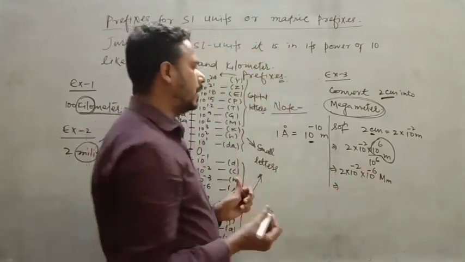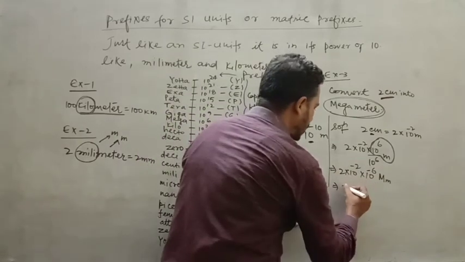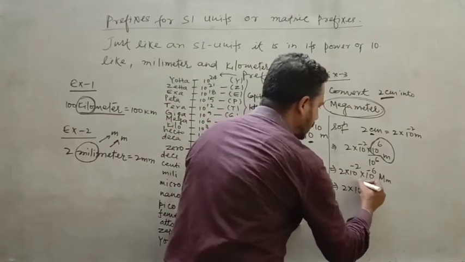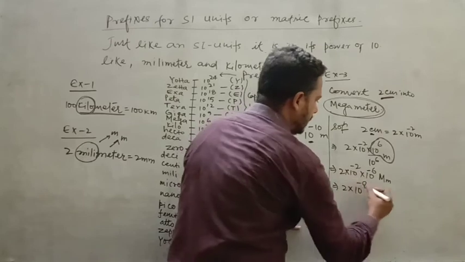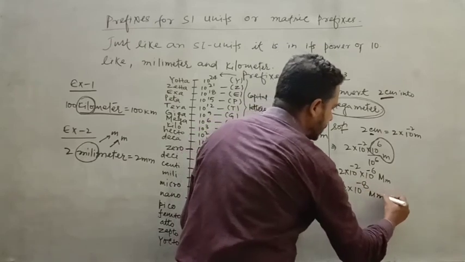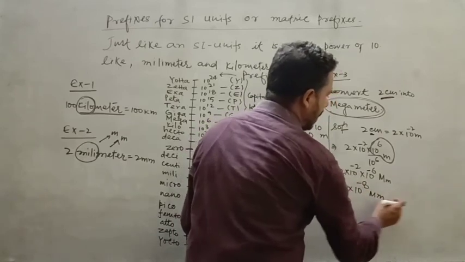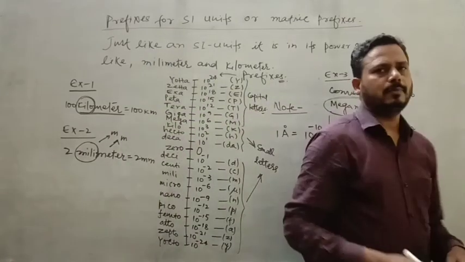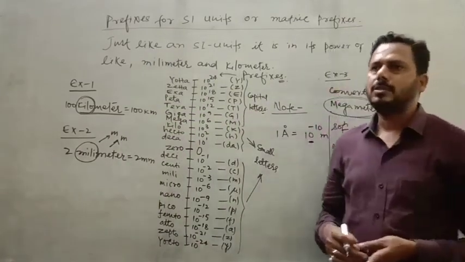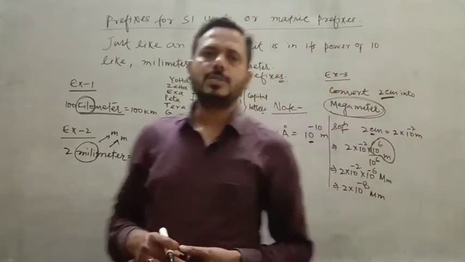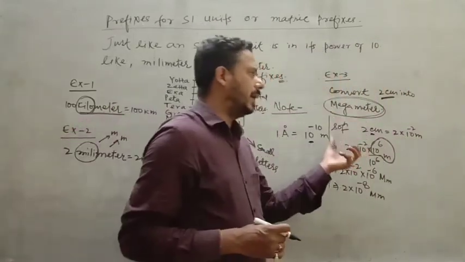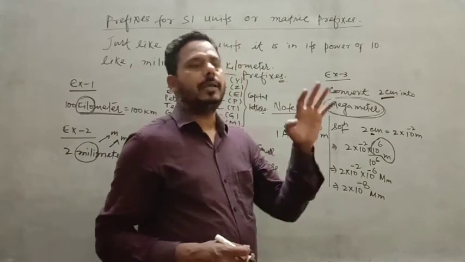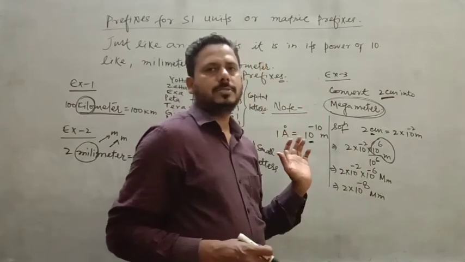So here you got 2 cross 10 raised to minus 8 megameter. So this one is your answer in the conversion. Anytime someone asks in conversion how you need to convert, that will be correct and very easy. This one is the process.